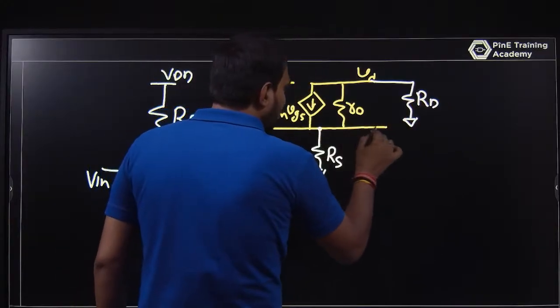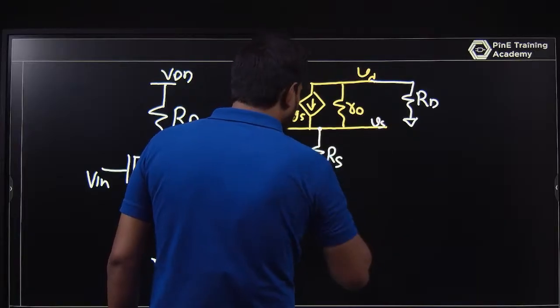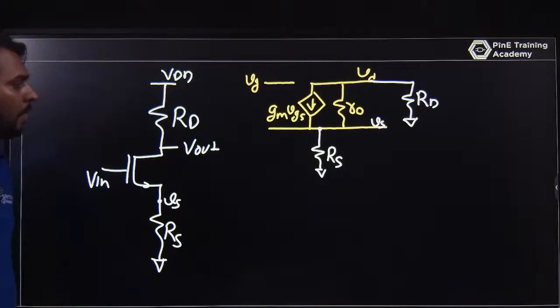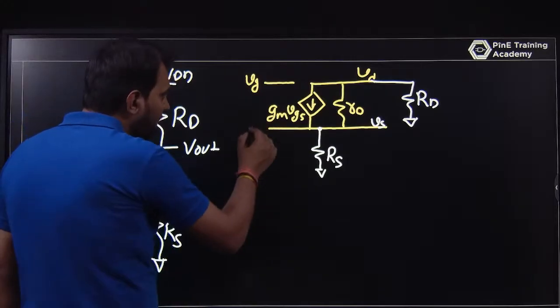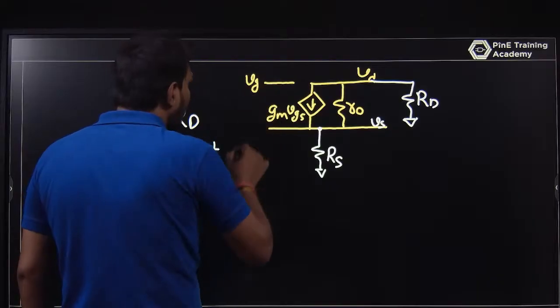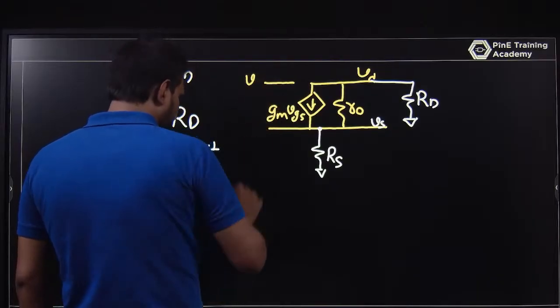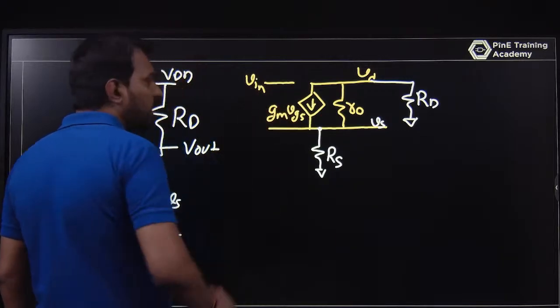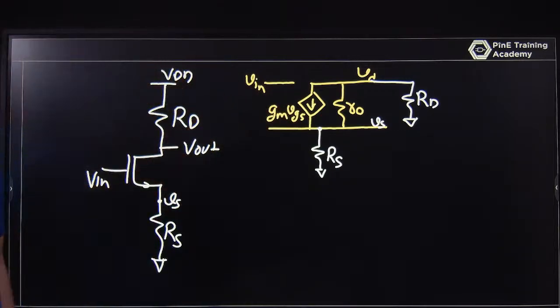And this voltage I am calling VS. So what is GM VGS? Let the gate voltage be the input voltage, VG is V in. So GM VGS is equal to GM times V in minus VS.